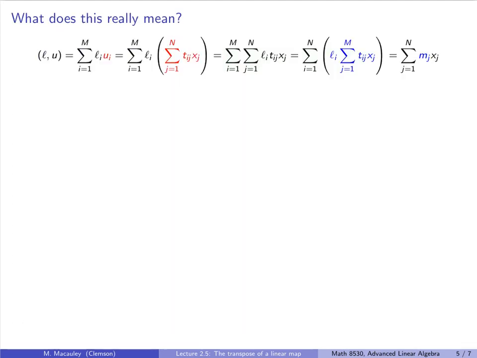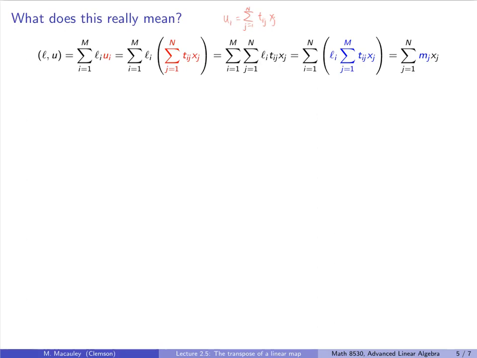Now, as promised, I want to return to this double sum algebra jargon that I wrote down and dissect it so we can really understand what's going on. Let me first emphasize what's in red here. So the system of equations is ui is the sum j equals 1 to n of tij xj.